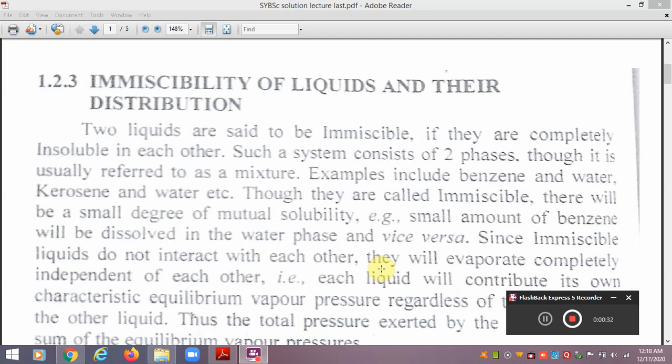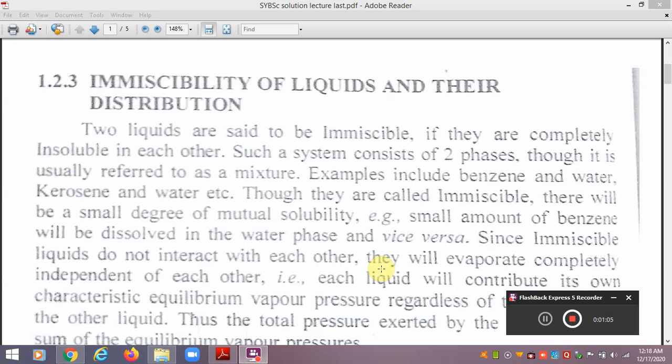In the last part of the video, we discussed partially miscible liquid pairs, and we came to know that with stirring, the solubility or miscibility of both the conjugate solutions with one another goes on increasing, and it is possible to have either an upper critical solution temperature or a lower critical solution temperature, or both.